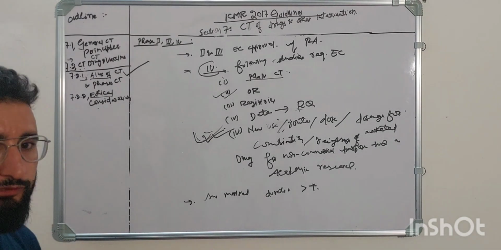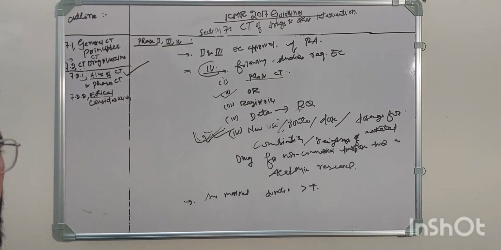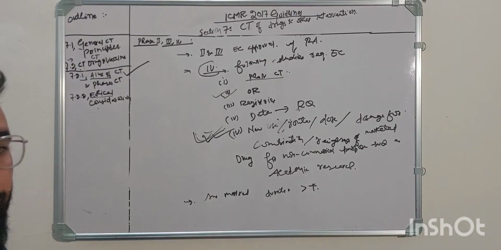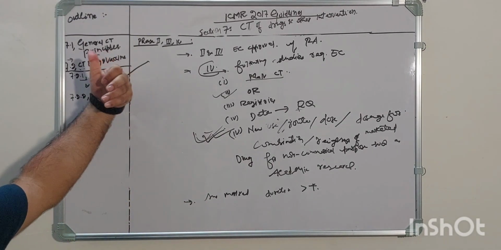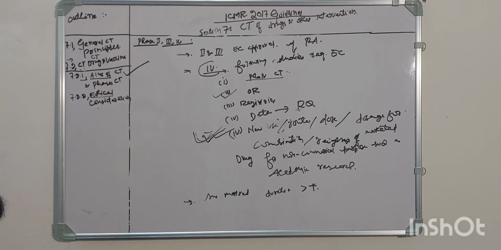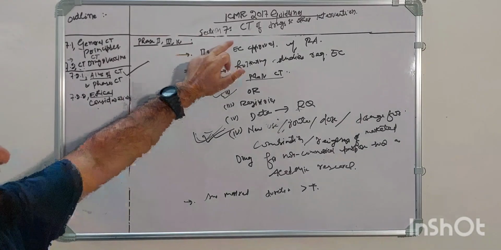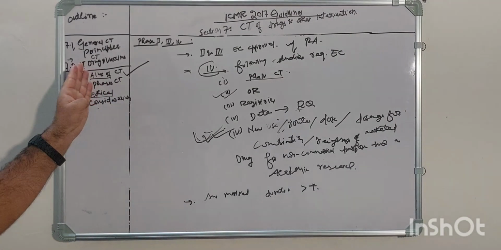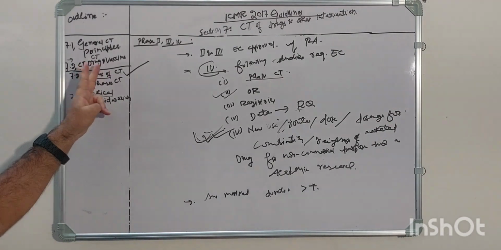In the upcoming videos, we will be discussing the other important chapters mentioned in Section 7 of clinical trial of drugs and other interventions. In this video, we covered the first intervention, clinical drug and vaccine.